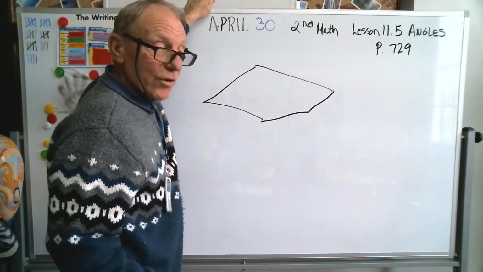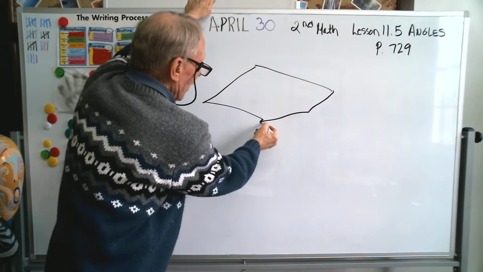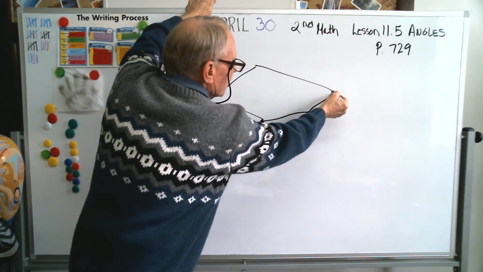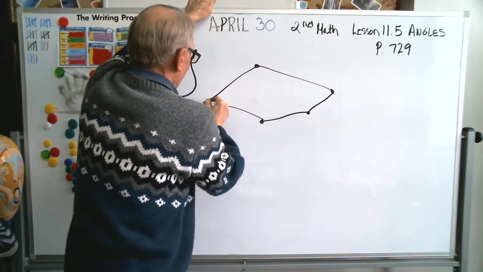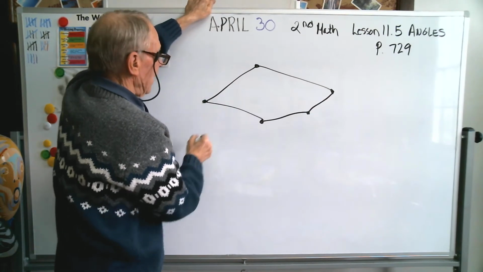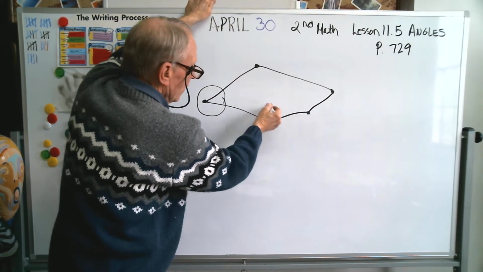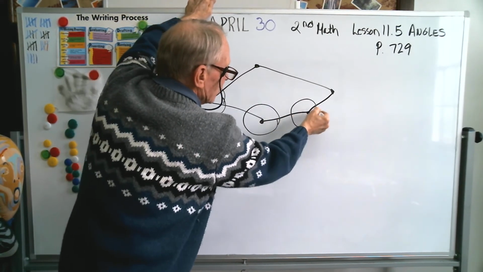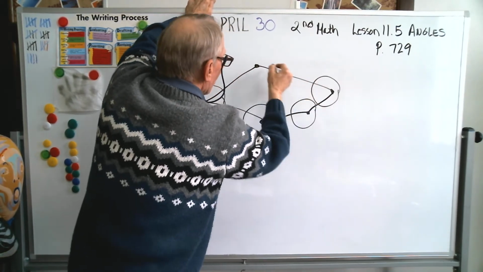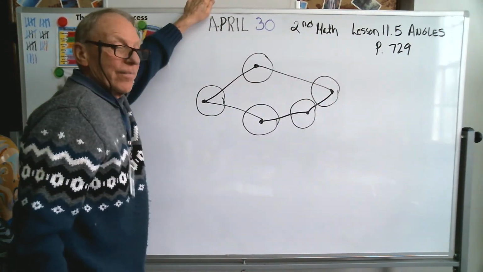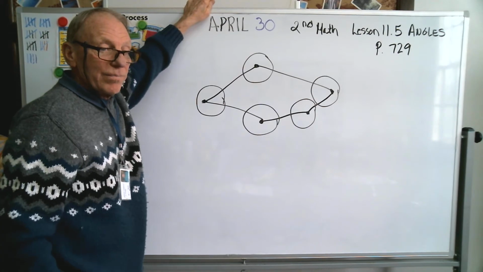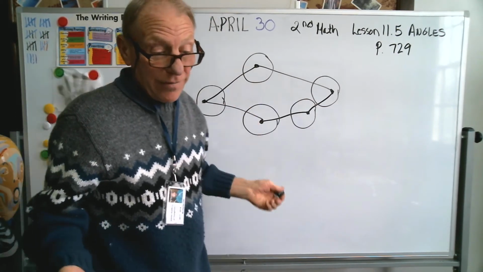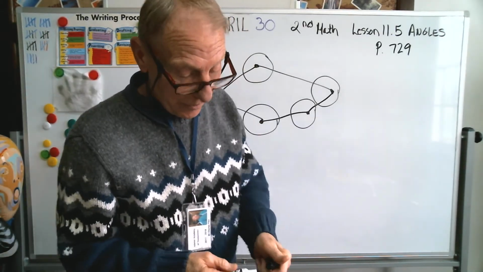And it wants you to circle everywhere there's an angle. So look at where any 2 lines meet, and then circle the angle associated with where those lines meet. And that's what you end up with. It'll look just like that. And there are 4 shapes there.